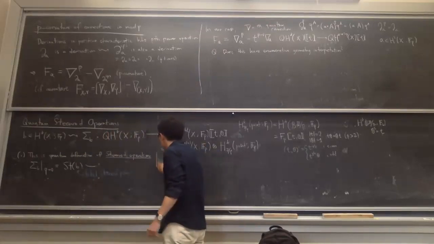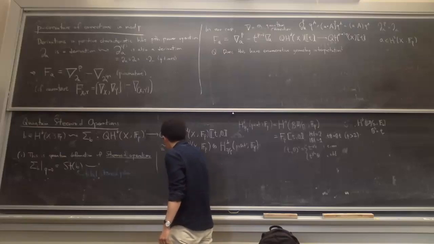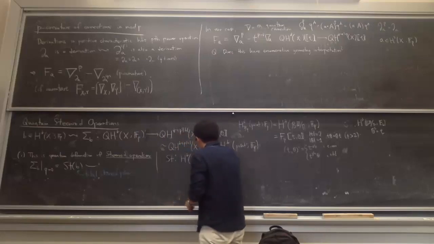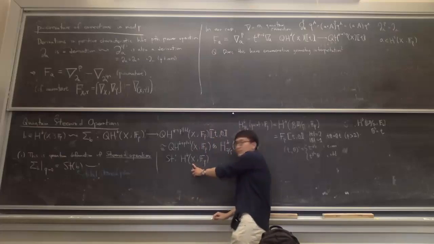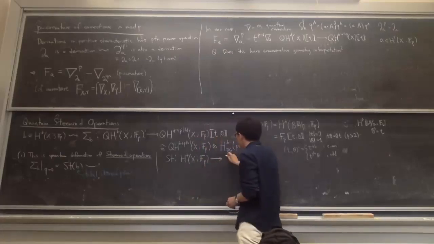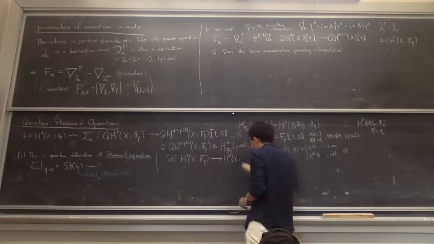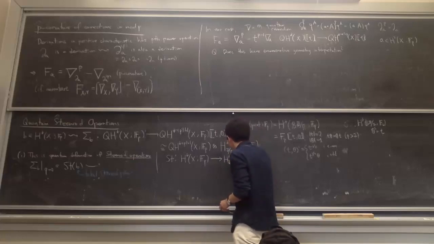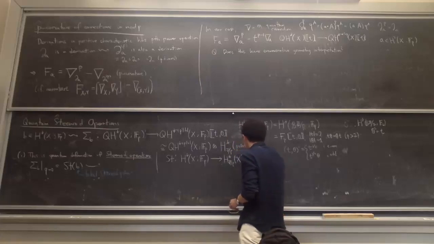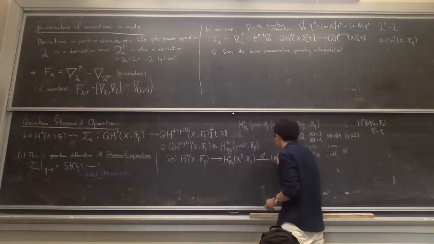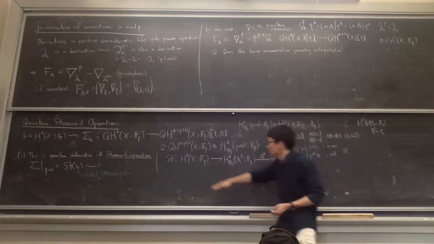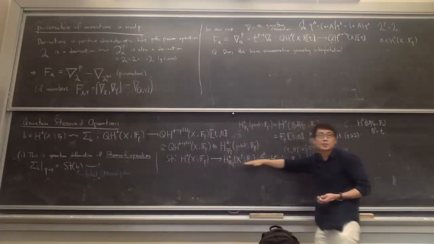And how is this defined? So you have a map called the total Steenrod power from Fp coefficient singular cohomology of any space to the same cohomology but considered equivariantly. So I'll write it as a composition like this. Okay, let me explain. So the total Steenrod power is defined as a composition of two operations.